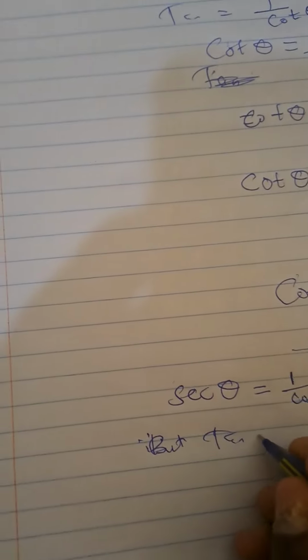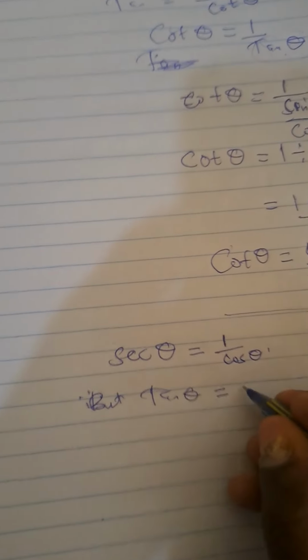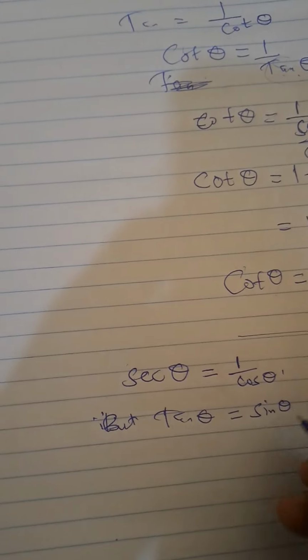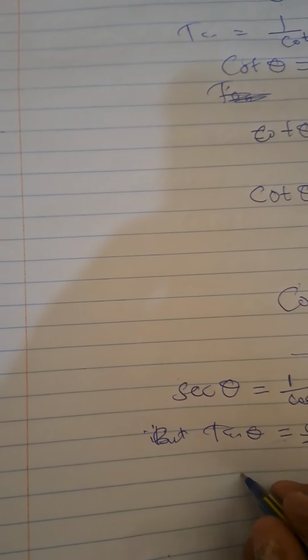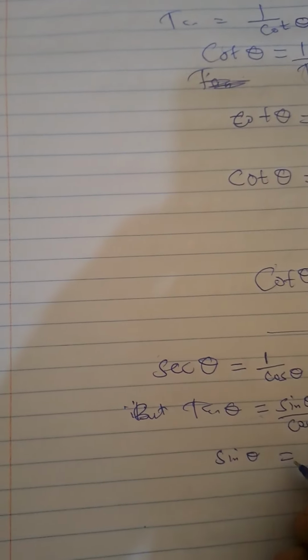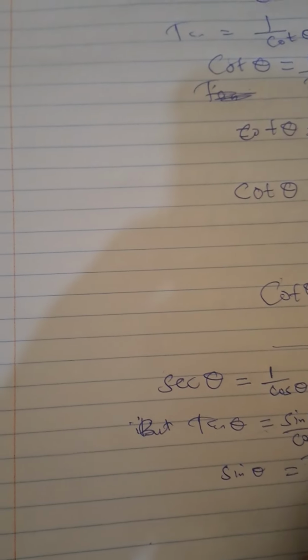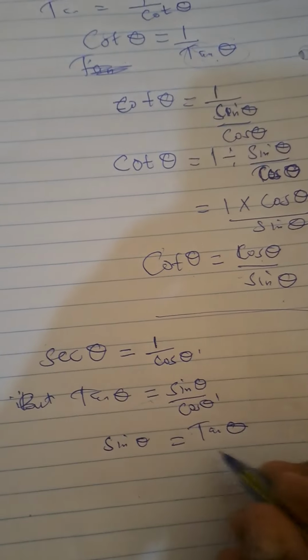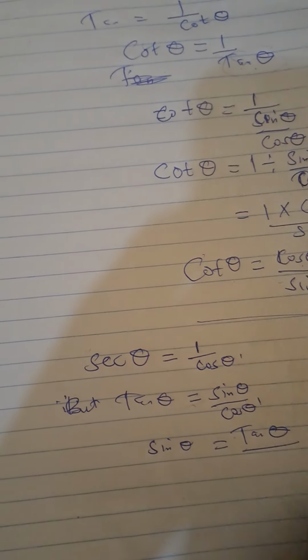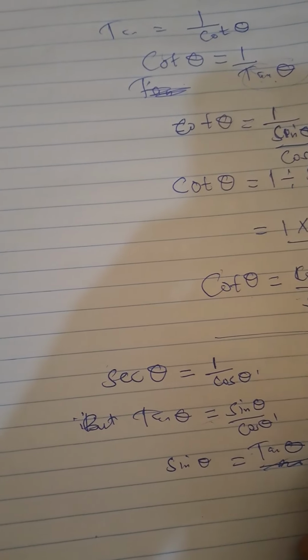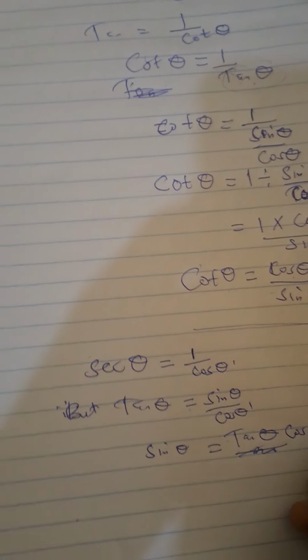If we cross multiply, we'll have sin theta is equivalent to tan theta multiplied by cos theta.